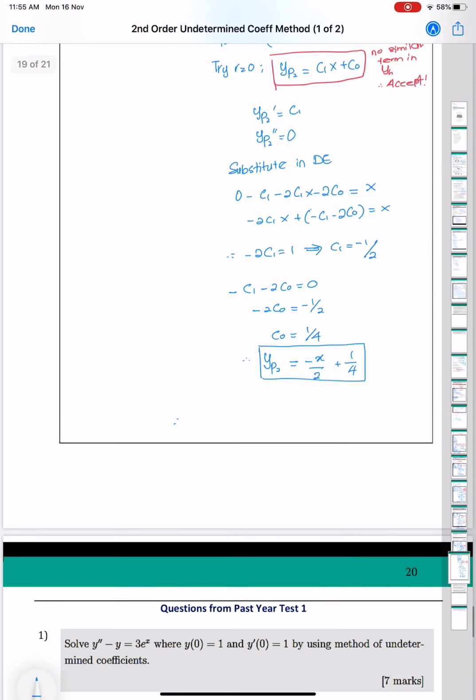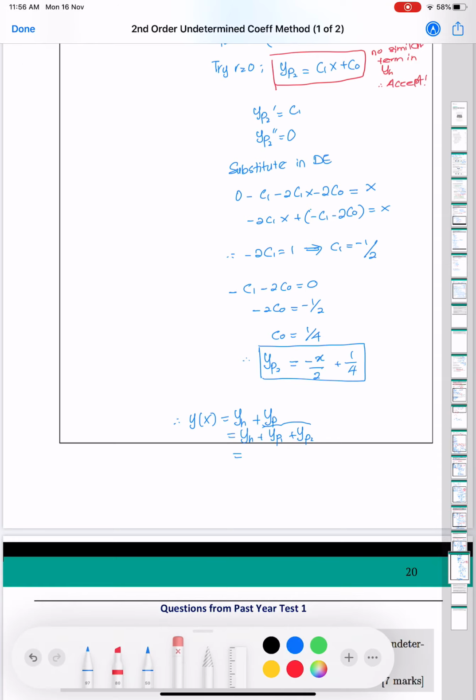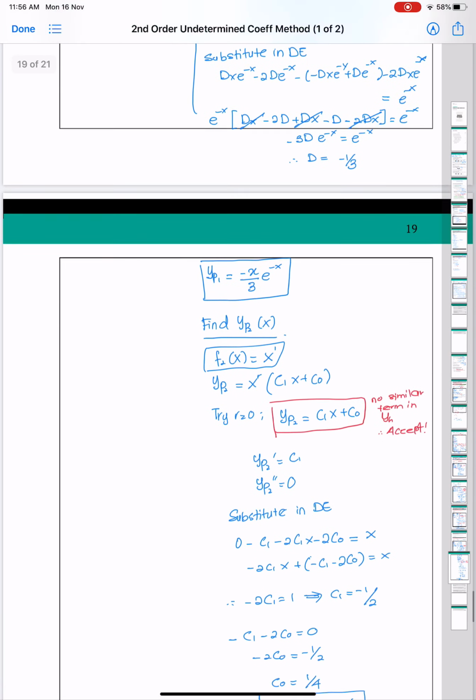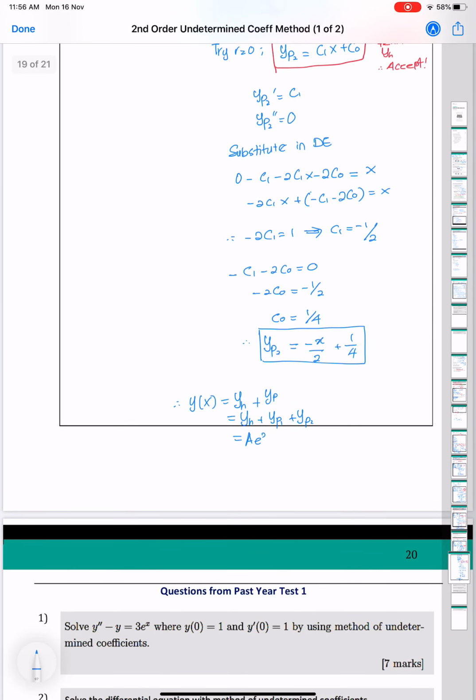So finally, my y(x) is equal to yh plus yp, where yp is equal to yp1 plus yp2. So my yh just now is equal to A exponent 2x plus B exponent negative x.